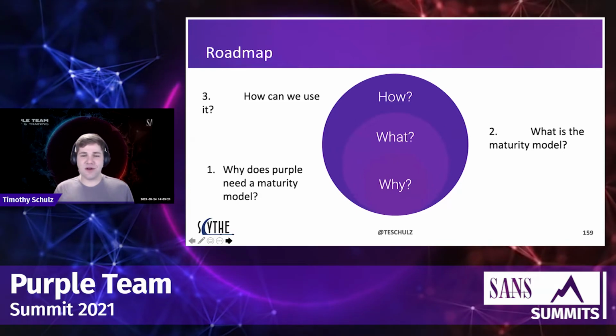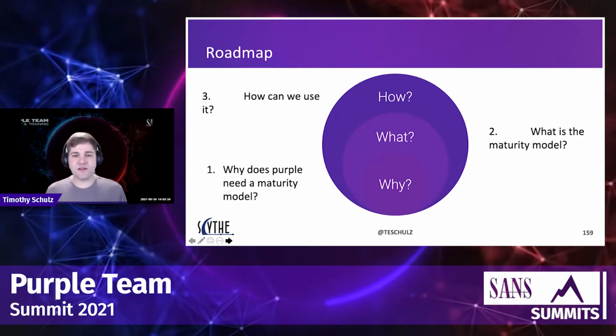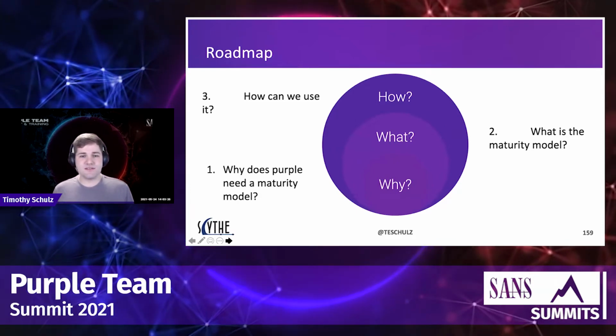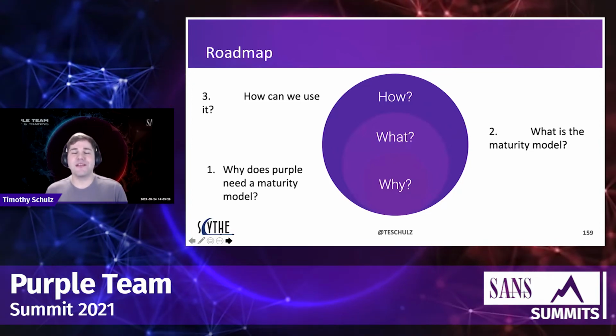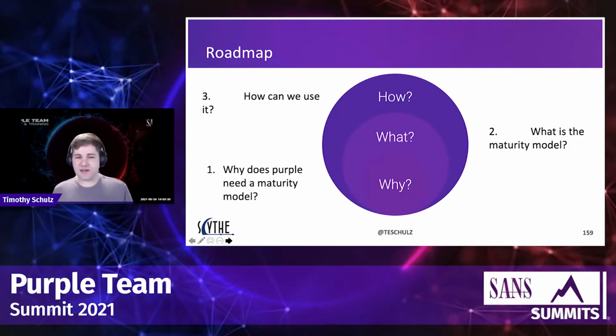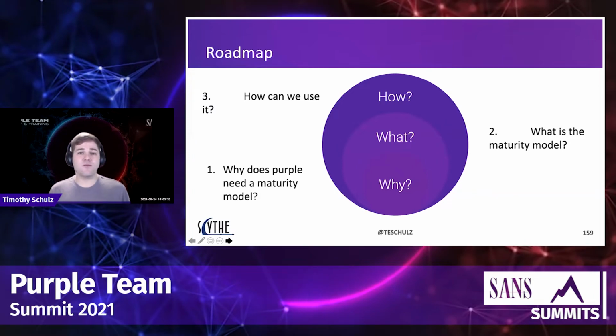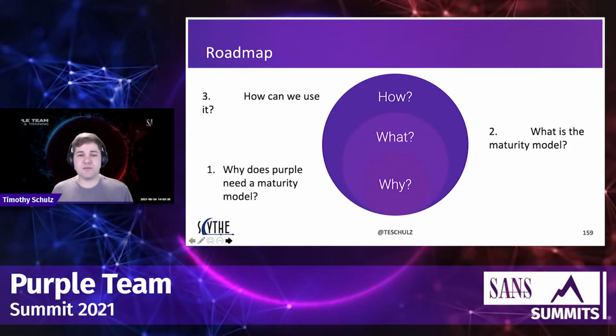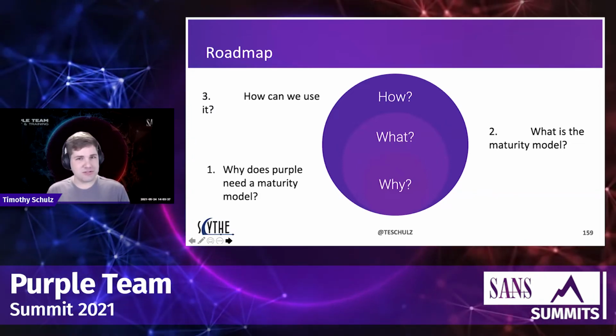There are all these different maturity models that are out there within information security. And so the question might naturally come up, why does purple need one? So first, we're going to tackle that to get that right out of the way. Then we'll go ahead and introduce the maturity model itself to answer what the maturity model is.